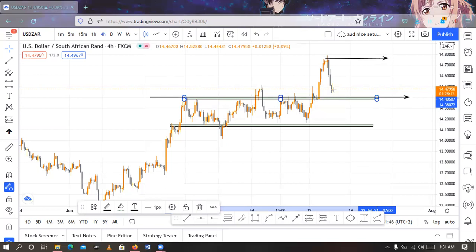Now, what we want to see for us to get an entry for this is to go down to lower time frames, identify the structure of what is happening here, and wait for that opportunity for us to enter with a buy continuation to the upside, or we could see price break into this channel again and continue falling to the downside to this support area there, right?